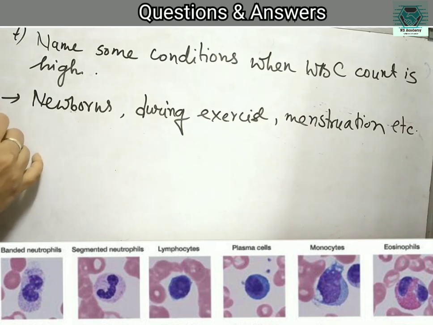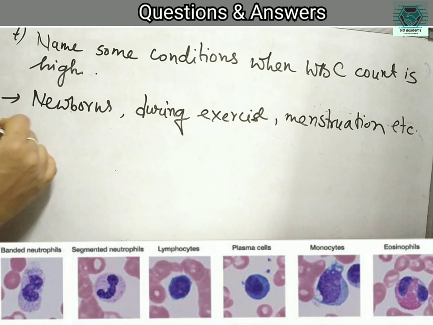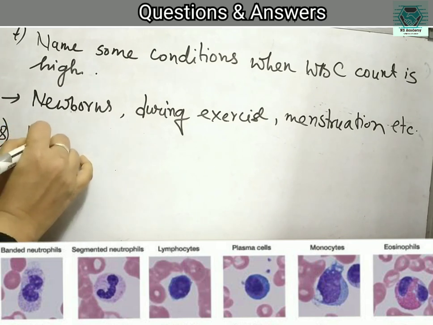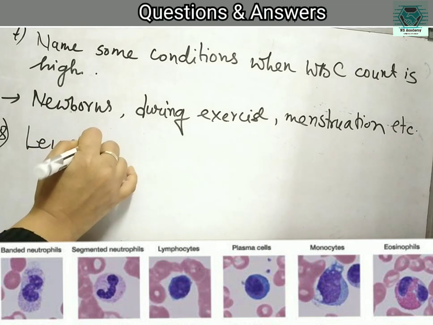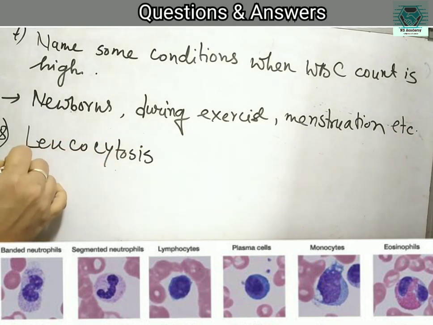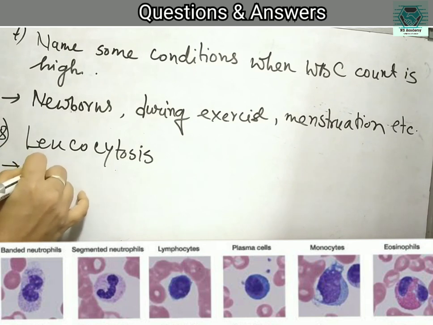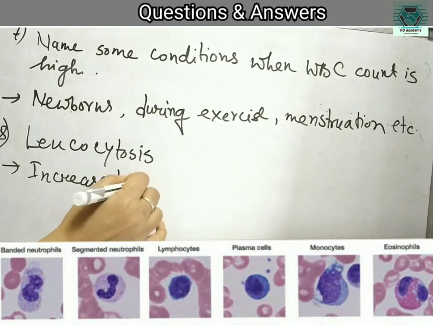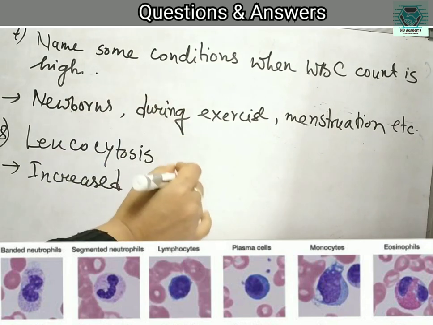Next, when the WBC count increases, it is called leukocytosis. So leukocytosis means increased WBC count.